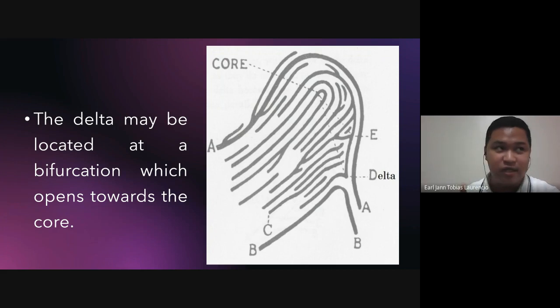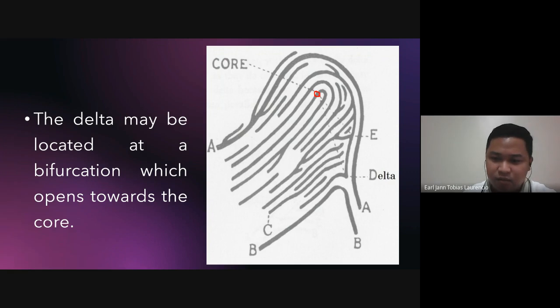The general rule in your delta location is that we are always selecting the bifurcation as the delta, provided, however, that the bifurcation is located at the point of divergence, and the legs must open towards the core of the pattern. Just like this example. This one is the core of the pattern.